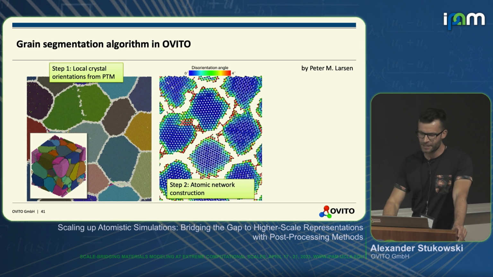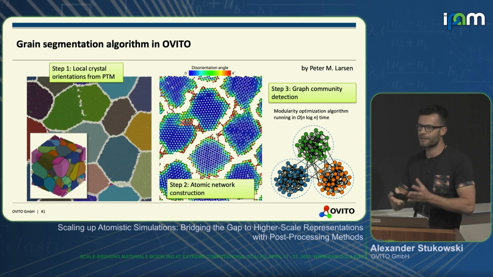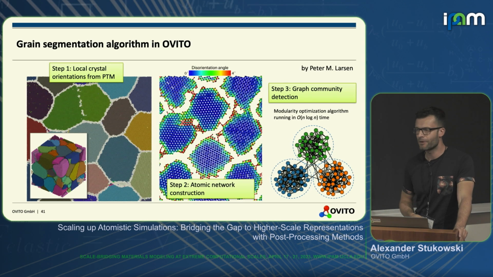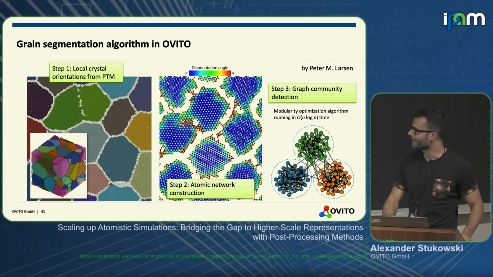And so the final step is then to group these atoms. Peter Larsen, who implemented this method, uses a graph community detection algorithm to group the nodes of this graph into communities of similar crystal orientation, and also based on the distance on the graph, so also which are close in space.